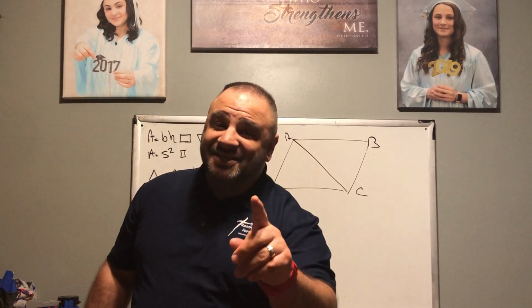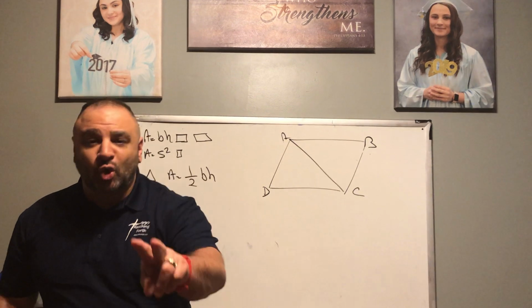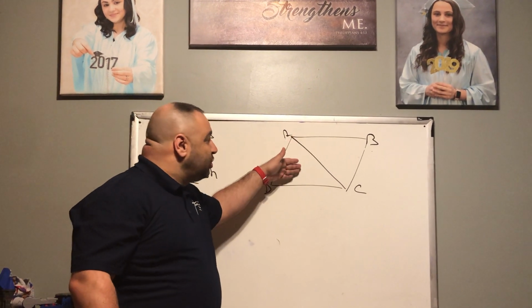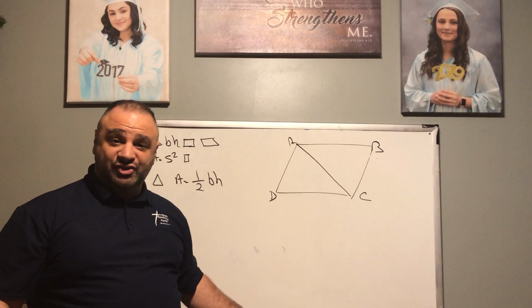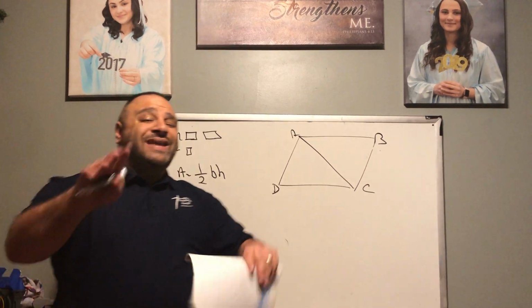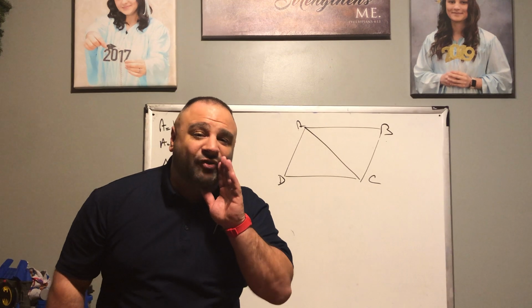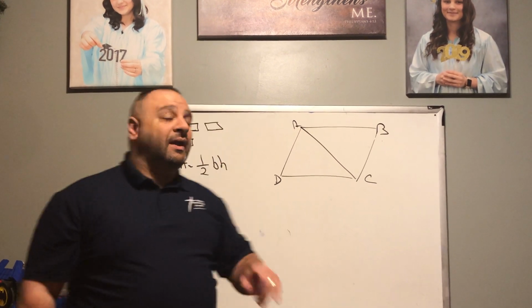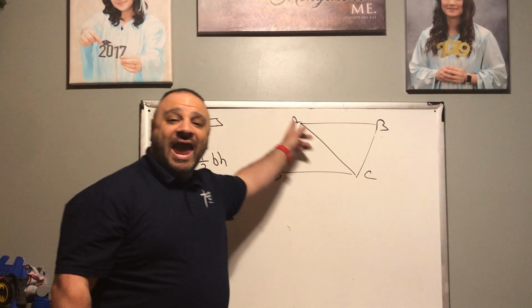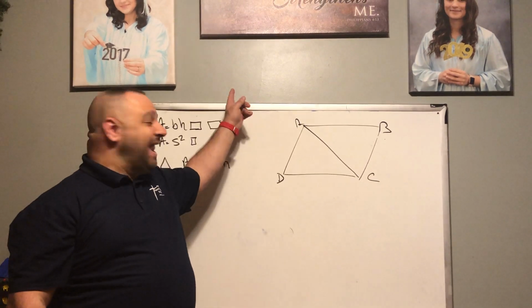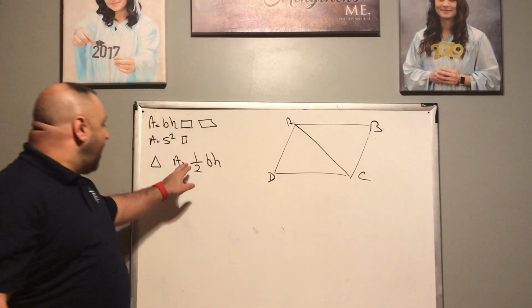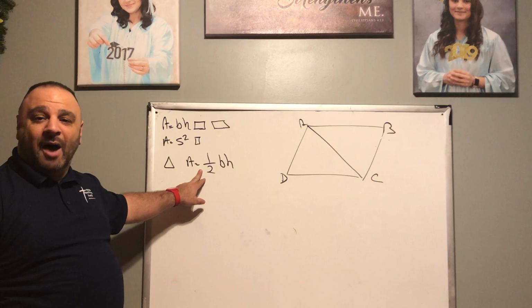Good. It divides a parallelogram into two congruent triangles. Two congruent triangles. So we could say that a diagonal divides a parallelogram in half. So where does this 1/2 come from?